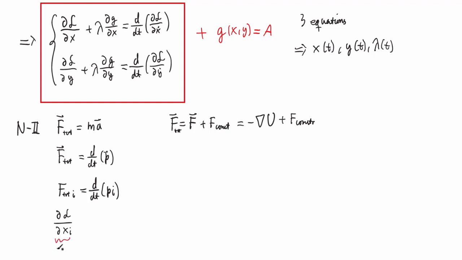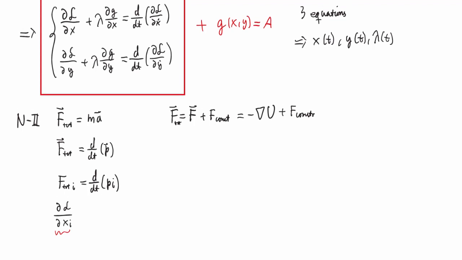Right, the partial of L with respect to x_i is minus dU/dx_i, right? Because the Lagrangian again equals the kinetic energy, which depends only on velocities in principle, and then minus the potential.